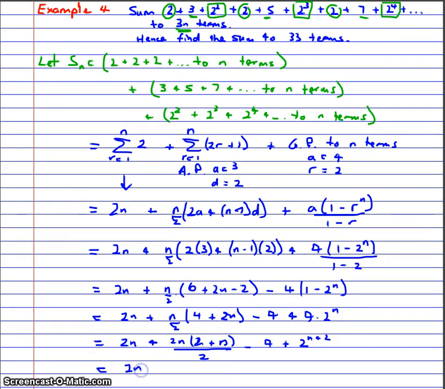So let's get our last line here. The 2s will cancel, and we'll actually have one more after this. The 2s are going to cancel there, and then 2 times n is 2n plus n squared minus 4 plus 2 to the n plus 2.